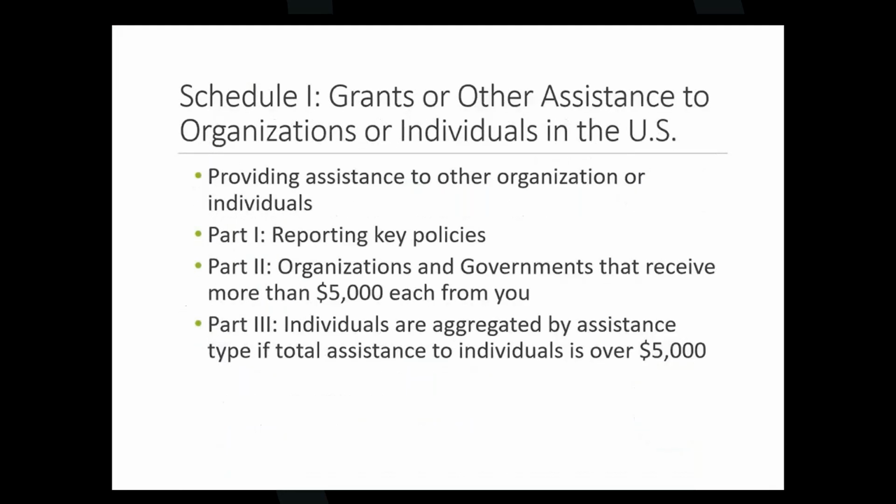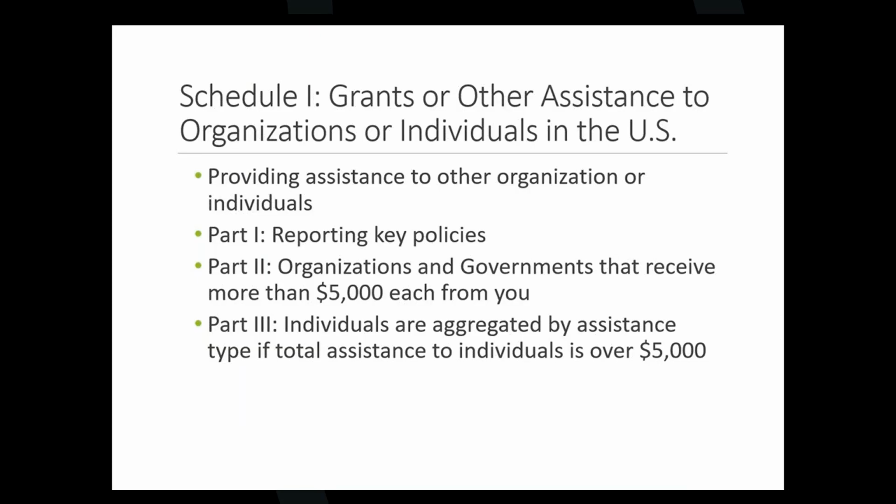The next schedule we'll be going over is Schedule I, grants or other assistance to organizations or individuals in the U.S. So if you're an organization giving assistance to other domestic organizations or individuals, you'll need to track the information for Schedule I. One thing to note is Schedule I is not required for 990-EZ filers, but there may be some information used to complete the schedule that would be required to be disclosed on Schedule O. There are 3 parts.